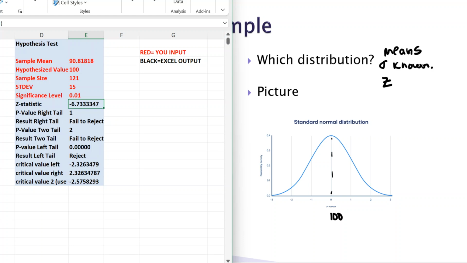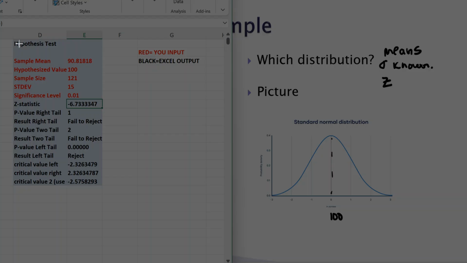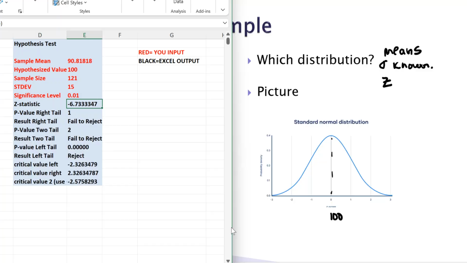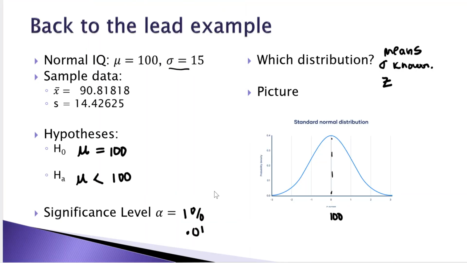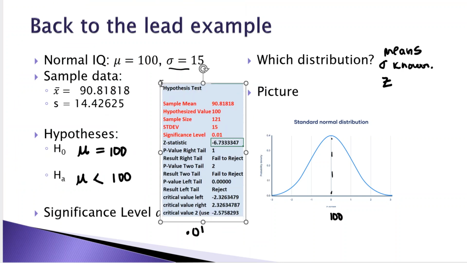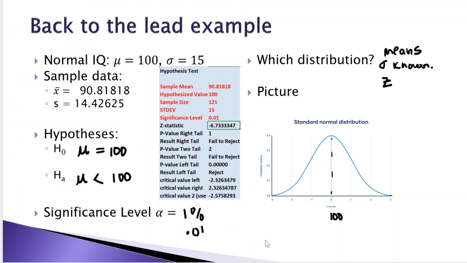In fact, let me just copy this so I don't have to go back and forth here. It kind of fits in the middle like this, and I'll make it a little smaller. There, it'll fit just right.